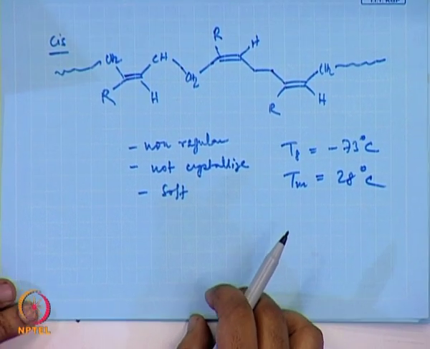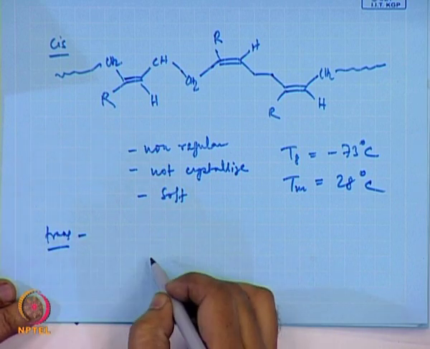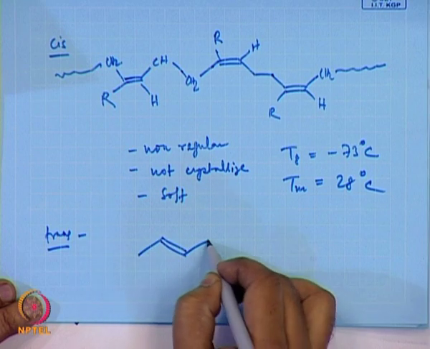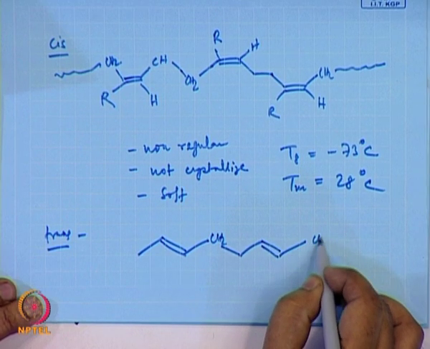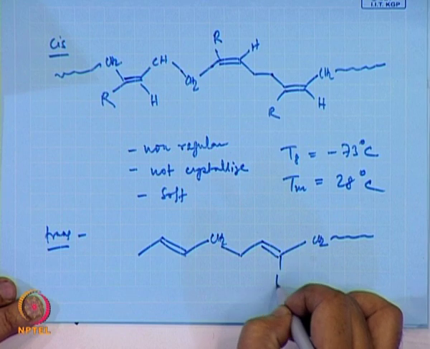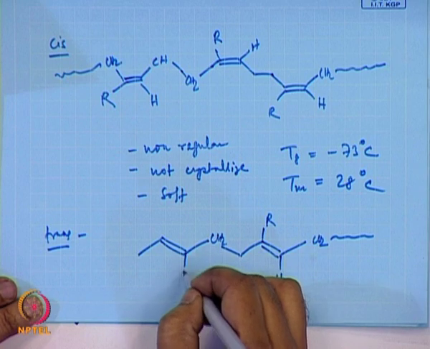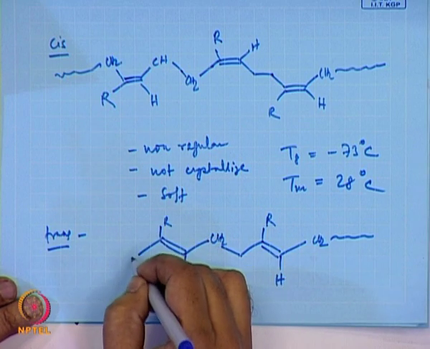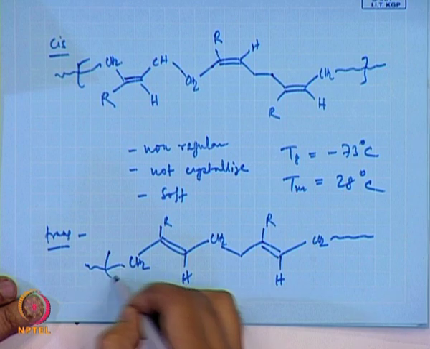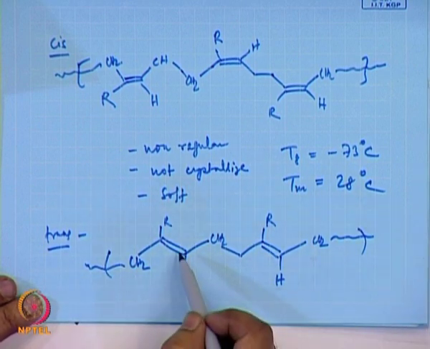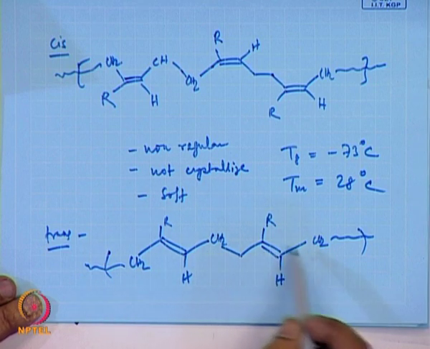Okay. Now, if you compare this to a trans arrangement, basically in this case every monomer unit has a trans arrangement.